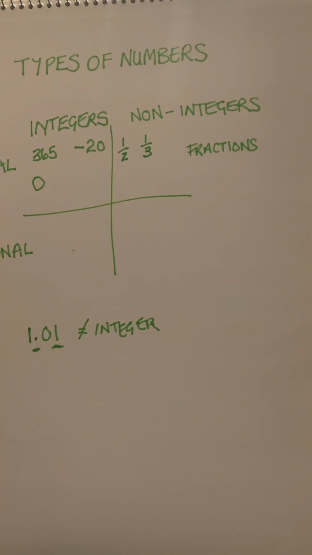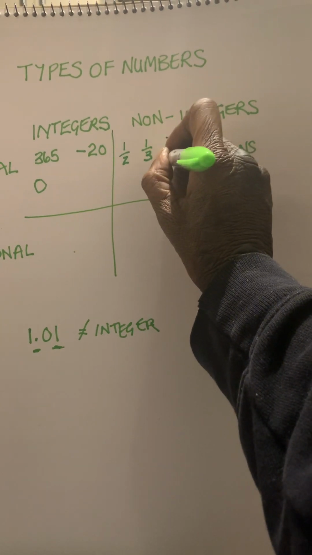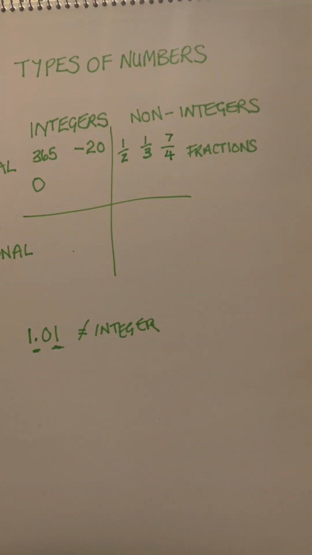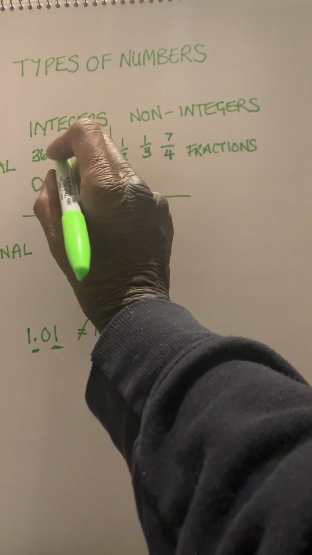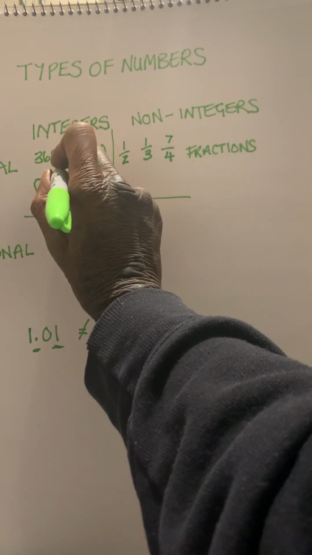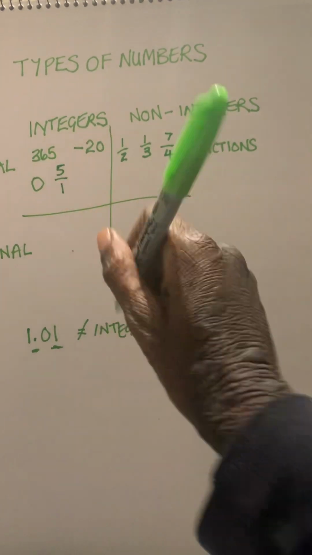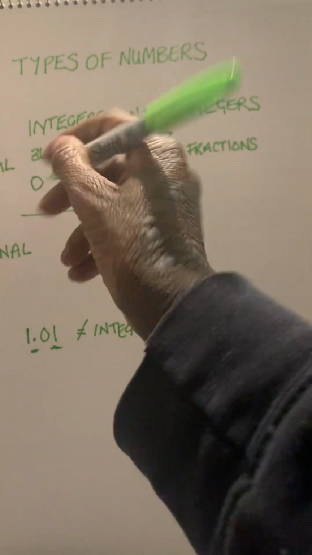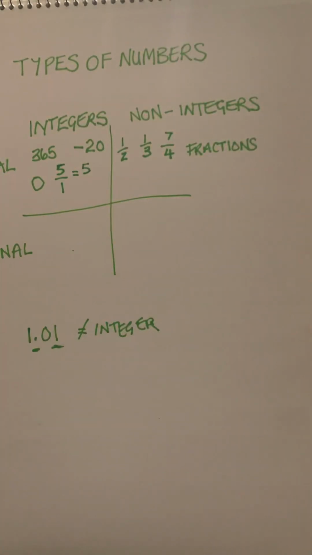There can also be things like 7/4. Another fraction can be, but I'm going to put it over here and I'll show you why, 5 over 1. But 5 over 1 is the same as saying 5, which is a whole integer, right?